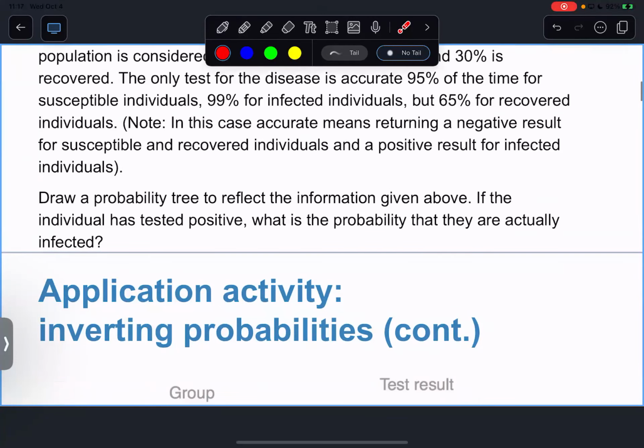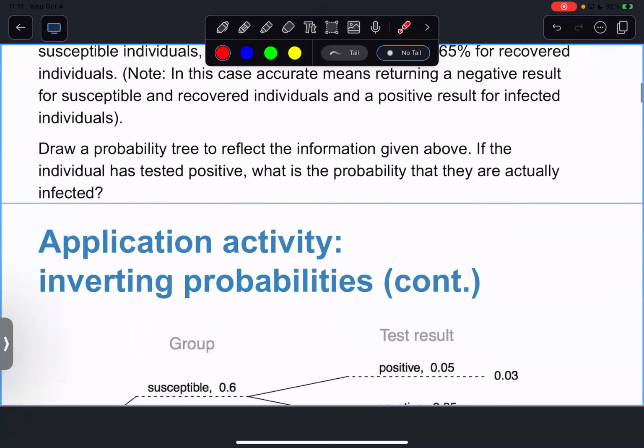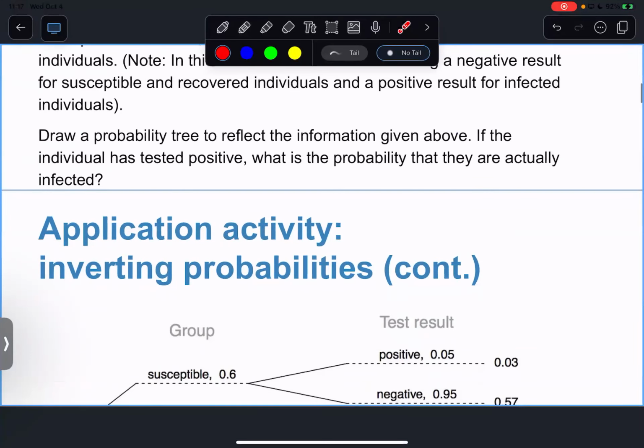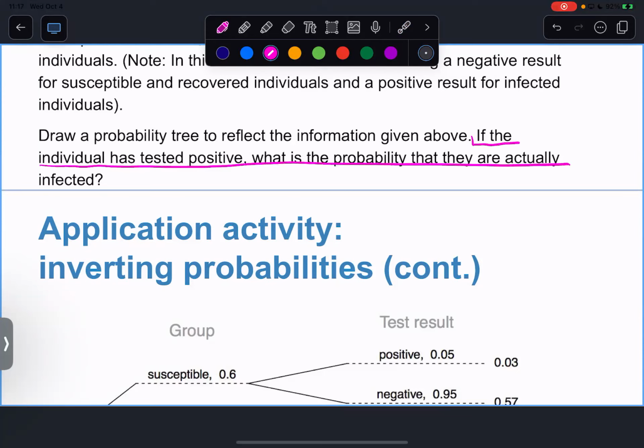So now we're going to draw a probability tree to reflect the information given above. That alone is a big task, right? And then we want to know, if the individual has tested positive, what's the probability that they're actually infected? Before I scroll down, I want to translate this final question into probability notation.